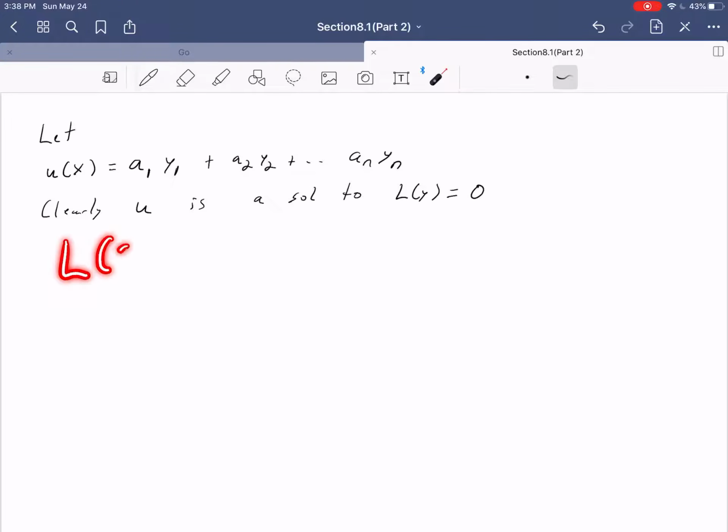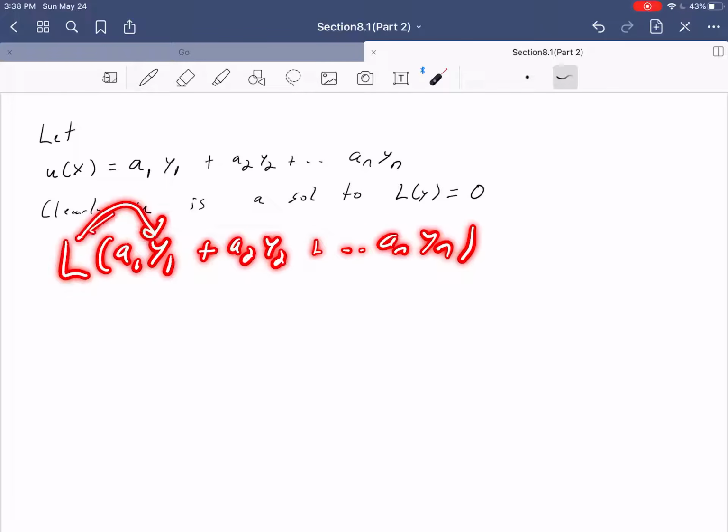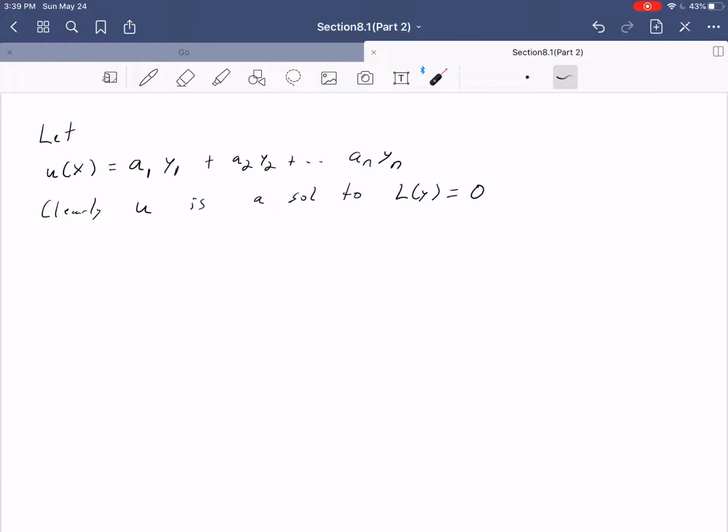So if we did L of a1 y1 plus a2 y2 plus an yn, the L would distribute onto everything, and since every component is a solution, everything would turn into a 0. It would be a solution altogether. We actually have already known this too, because we know linear combinations of solutions are solutions. Everything's a vector space here. Definitely u is a solution to L of y equals 0.